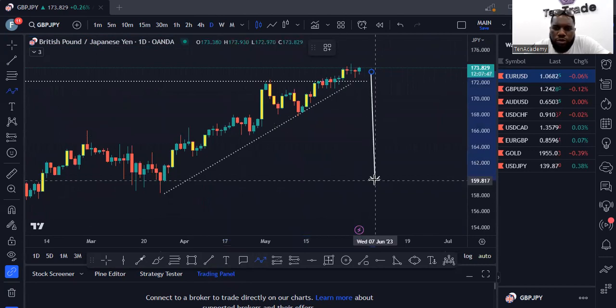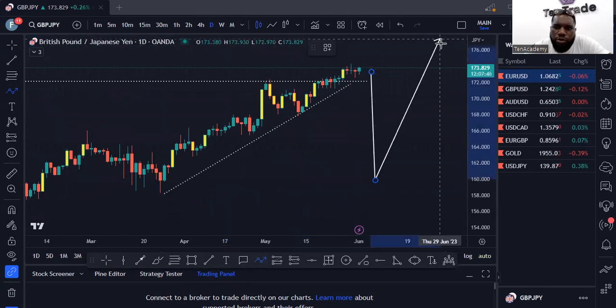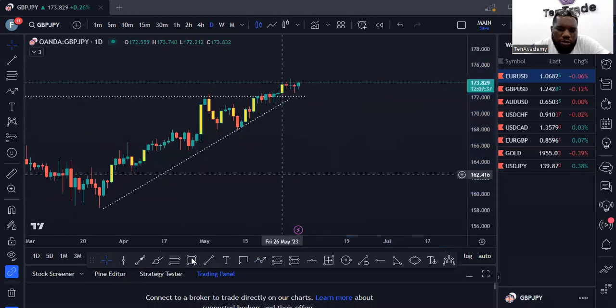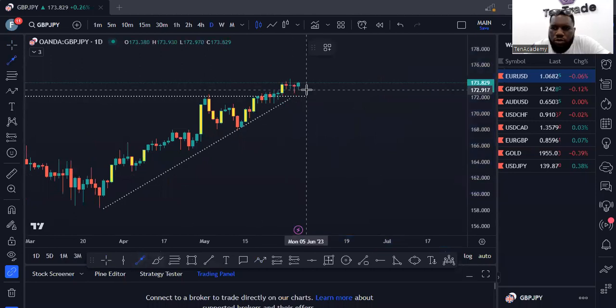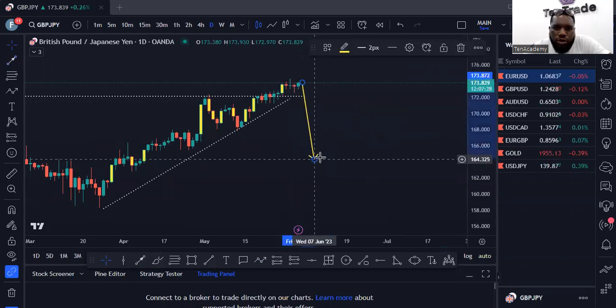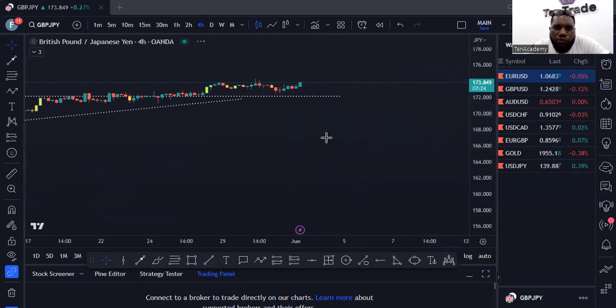And price will come down to a demand zone before price going up. So what you want to do is very, very simple. If you're a risky person, you can look for a counter trend move to enter into the retracement before the buy move happens. Let's check out what's going on the 4 hour time frame.